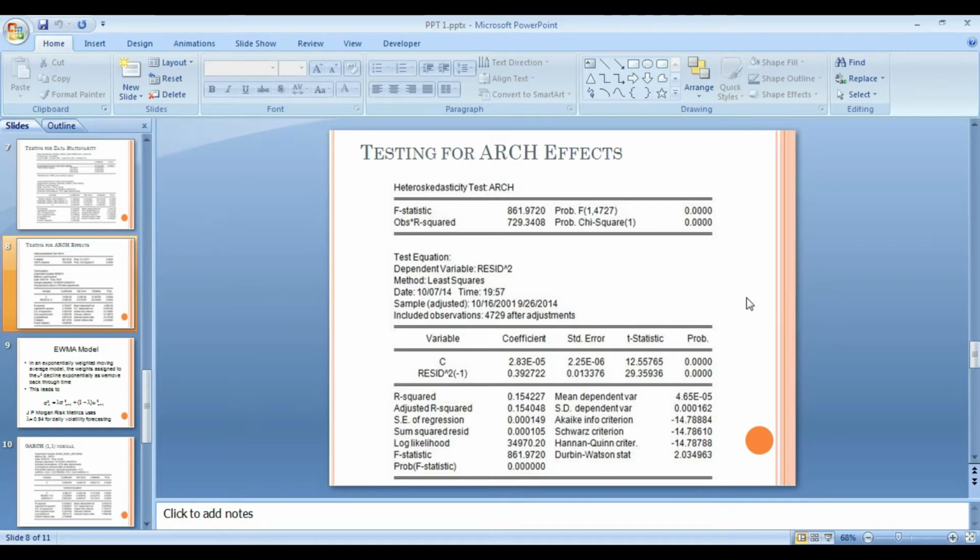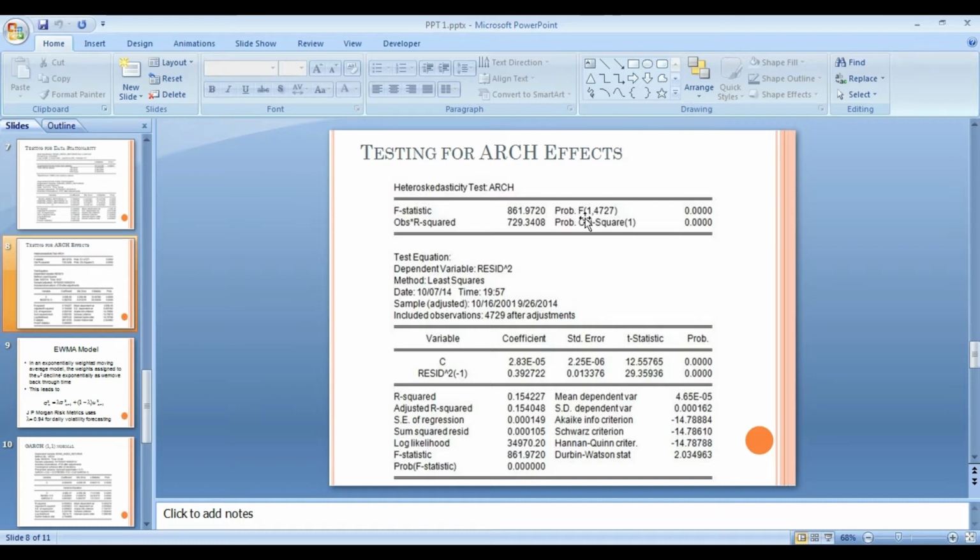Now the next table talks about testing for ARCH effects or the heteroscedastic test, whether your data have inconsistent variance throughout. So the test for that is the heteroscedasticity test. This is also performed in eViews. So here also we just need to look at the probability.